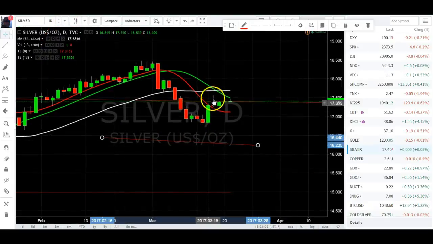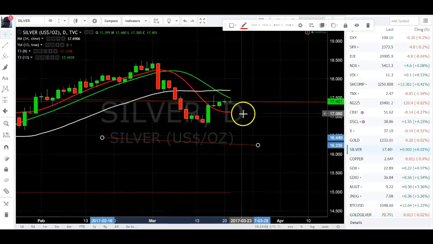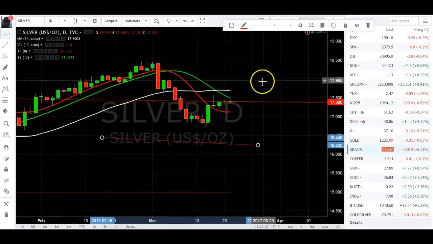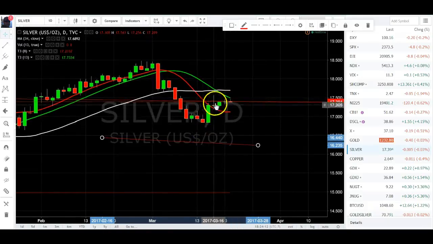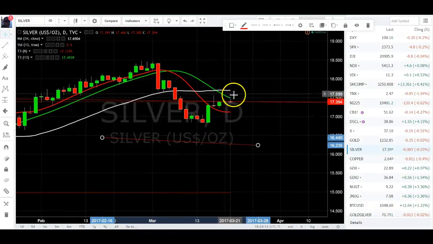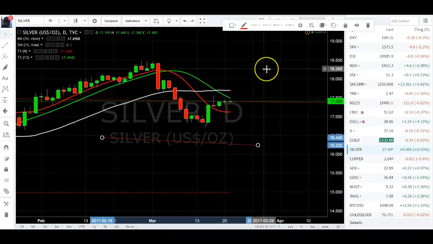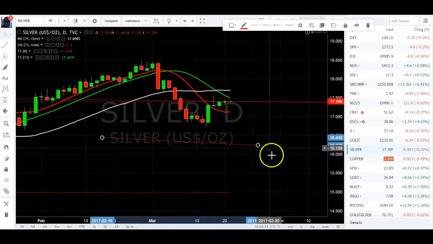See what happens. It looks a little weak coming in here. Maybe it needs to come down into support one more time before it busts through. Looks like it's coming into resistance, coming back into support, and then we can gather our legs, come across. So it looks like gold's doing better than silver. And I believe that was opposite for a little while.